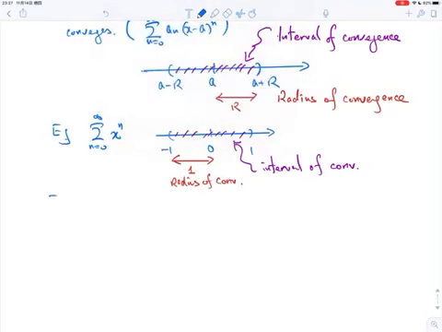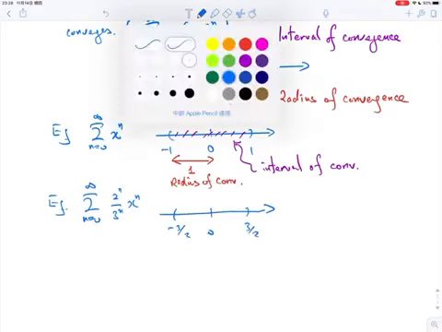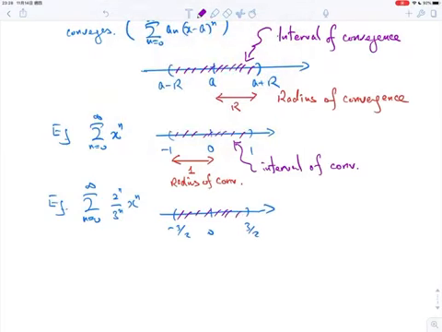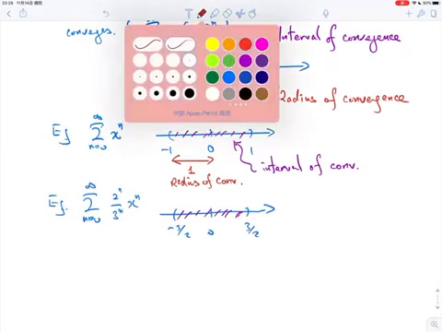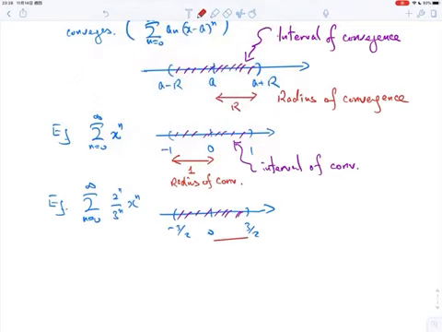And then the second example would have the interval of convergence between minus 3 over 2 and 3 over 2. So this is this part, and then the radius of convergence, little r, is going to be 1.5. So that's the radius of convergence.